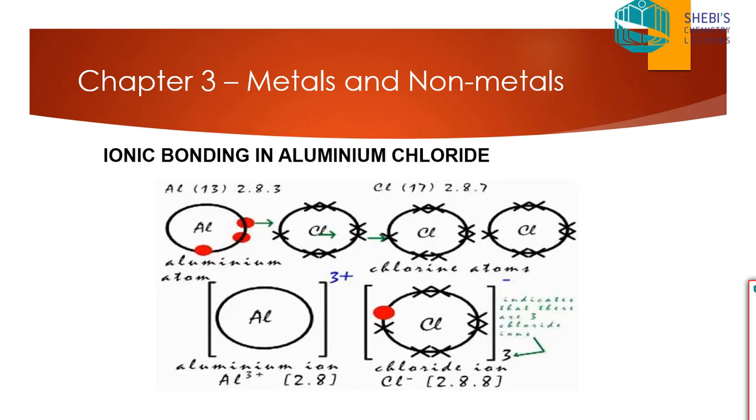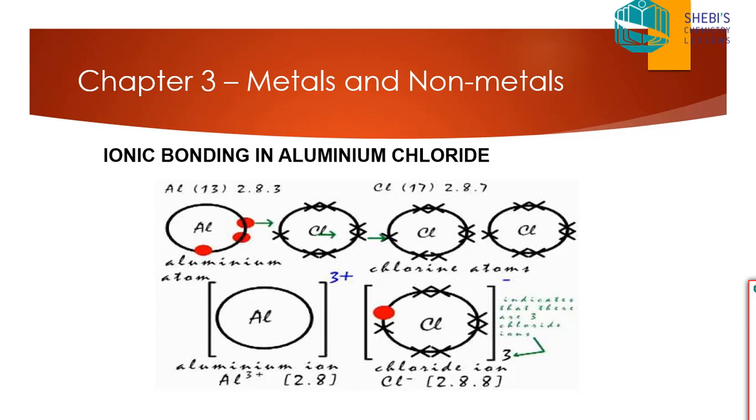As we already discussed, in aluminium 3 electrons are ready to be donated, right? The chemical formula of aluminium chloride is AlCl3, so aluminium will combine with 3 chlorine atoms. Each chlorine is looking for 1 more electron, there are 3 chlorine atoms, and aluminium is ready to donate 3 electrons. So each chlorine will accept 1 electron from aluminium. The structure is like this.